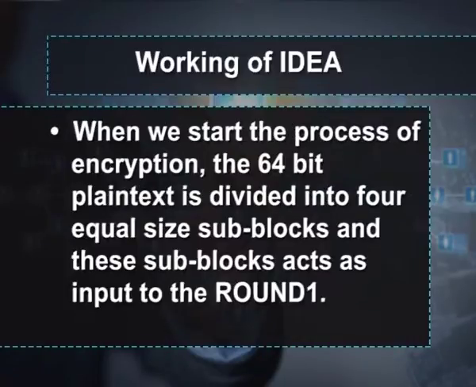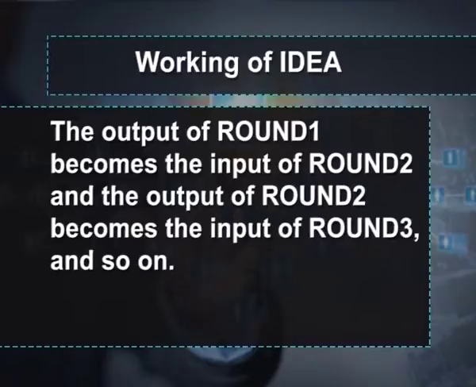When we start the process of encryption, the 64-bit plain text is divided into 4 equal size subblocks, and these subblocks act as input to round 1. The output of round 1 becomes the input of round 2, and the output of round 2 becomes the input of round 3, and so on.